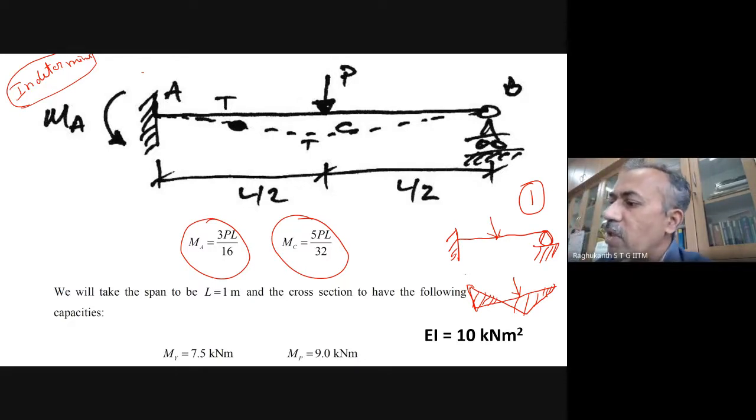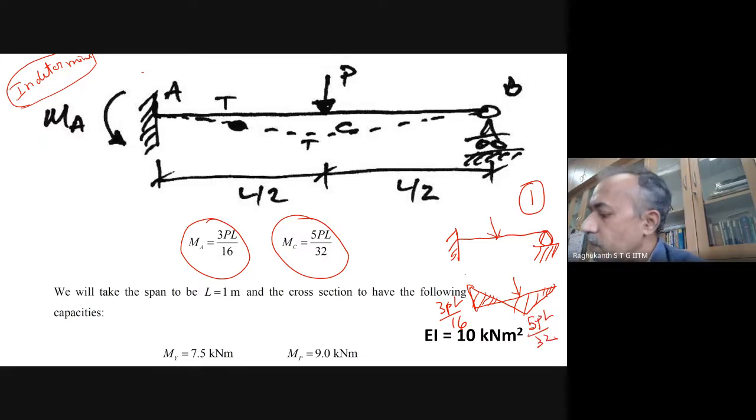See these numbers and tell me. So here it is 3 PL by 16. That is at the fixed support, and below the load it is 5 PL by 32. Where it is maximum for a propped cantilever? See the numbers also provided.